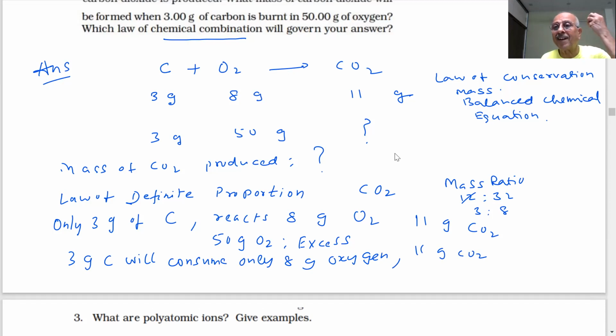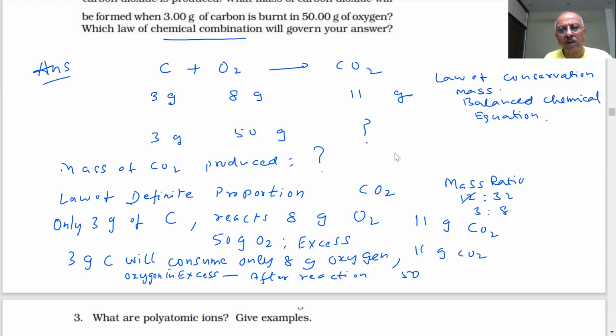After this, carbon is finished. There is no carbon, so what reaction can take place? When carbon is used up, can anything else happen? So what you will have? Excess oxygen left. After the reaction, 50 gram of oxygen was present.